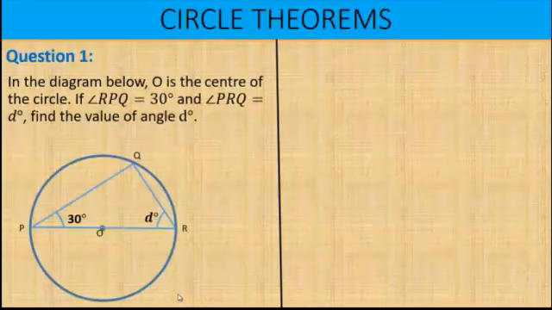Question 1. In the diagram below, O is the center of the circle. If angle RPQ is equal to 30 degrees and angle PRQ is equal to D degrees, find the value of angle D degrees.